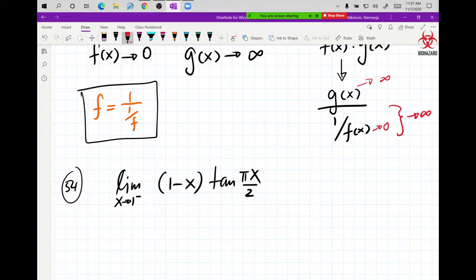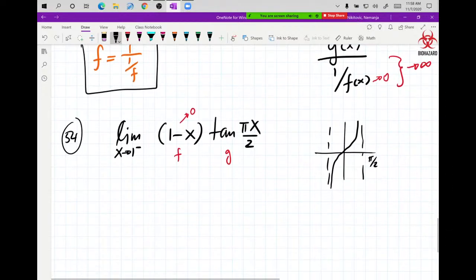1 minus 1, so that goes to 0. Call that f and call this g. And when I plug in 1, I get tangent of pi over 2. Well, tangent of pi over 2 is infinity, right? And how do I know? Because I just know trig. The tangent graph goes like this, and pi over 2 is the vertical asymptote. Why would the vertical asymptote be at pi over 2?